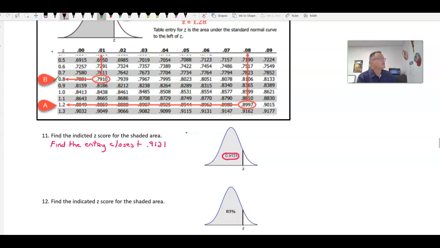Okay, so I want to find the closest value to that. So 9131, well, I found it exactly. So my z-score is 1.36. So that's pretty straightforward.